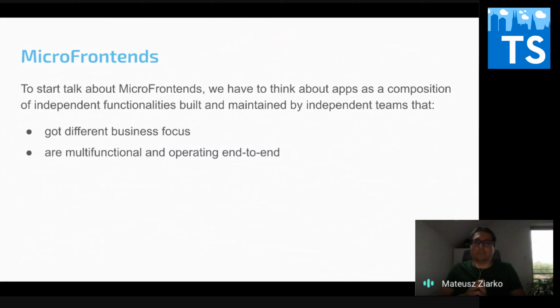We have to think about composition of the functionalities because we are going to build some kind of a wrapper that is going to expose one after another functionality. Probably, and this is really recommended, build it and maintain by fully independent teams.